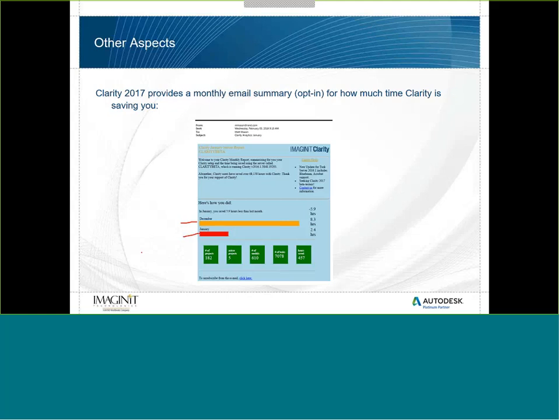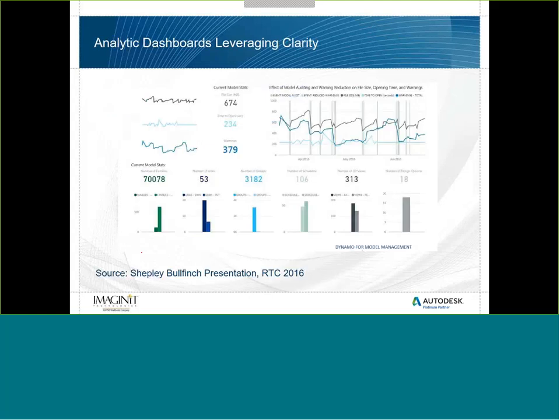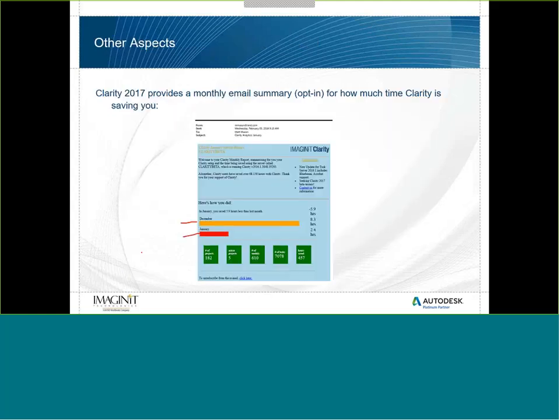And as we're going to see with the Shepley Bulfinch presentation, they're taking this data and even pushing it into other systems. So we'll come back to that slide in just a moment.